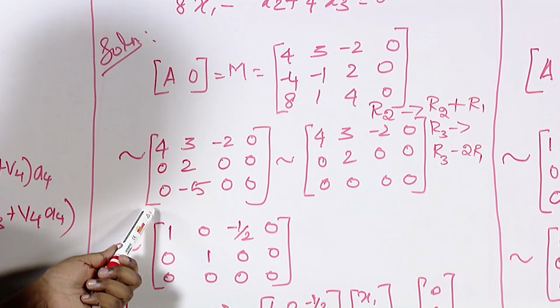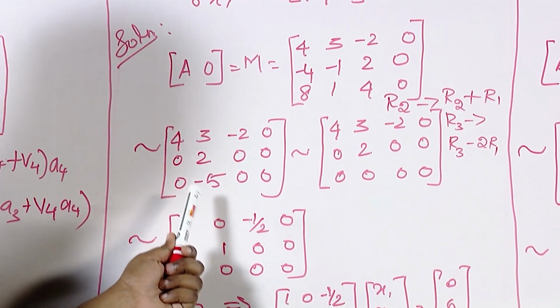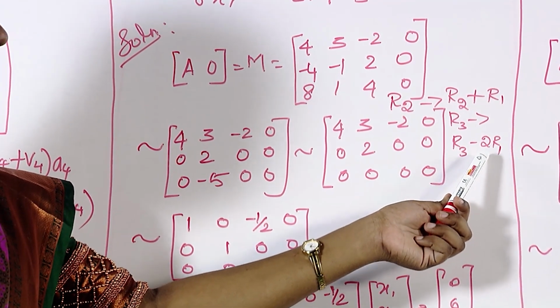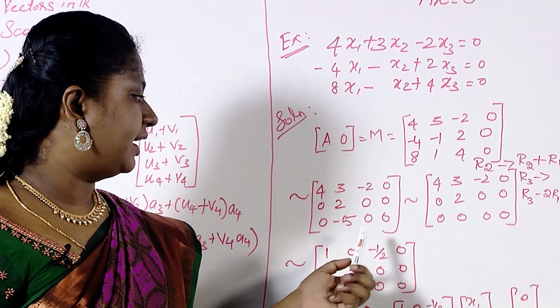Now for R3, I am going to change it to R3 minus 2R1.